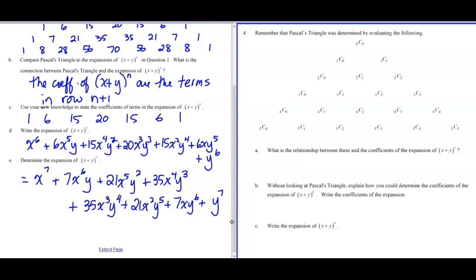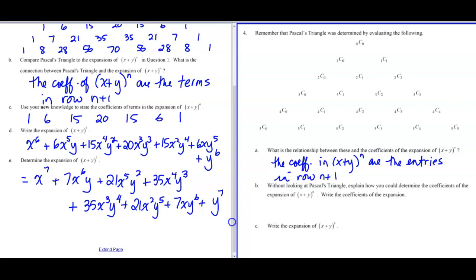Same deal. The coefficients in x plus y to the n are in row n plus 1, right? Again, we're still calling this row 0.